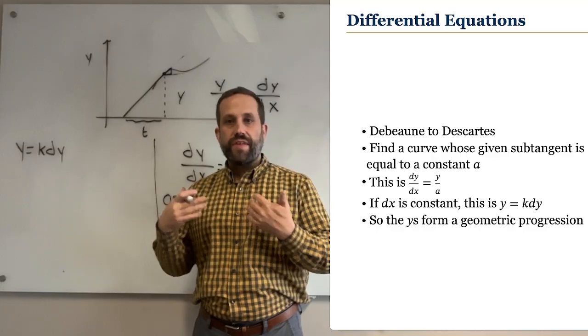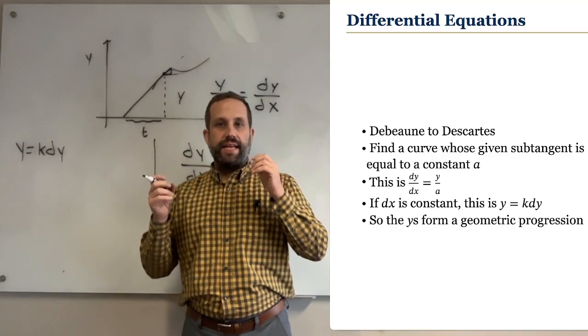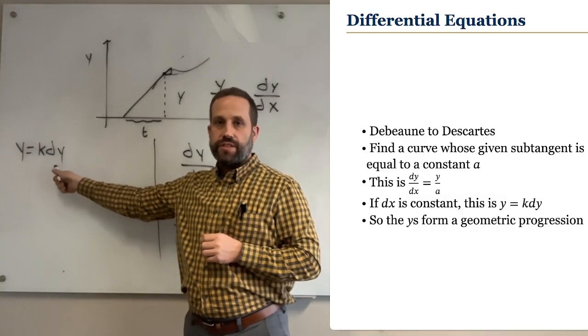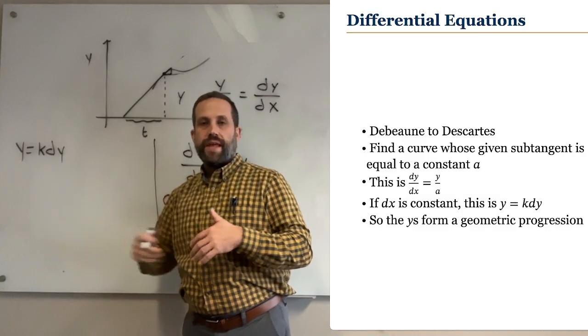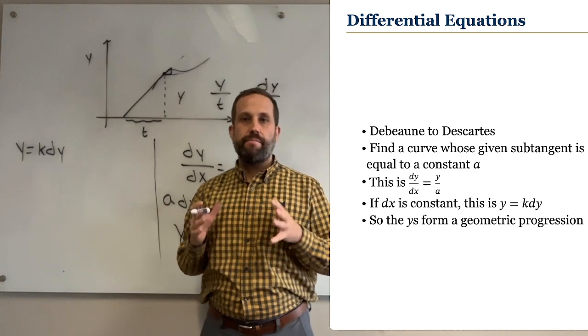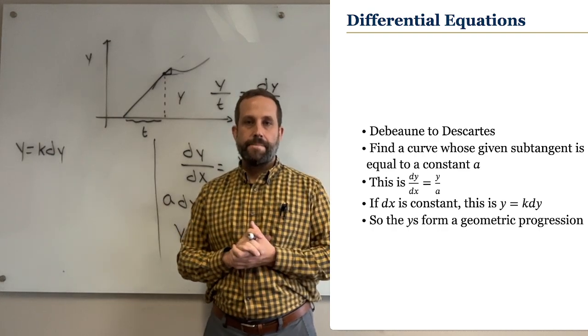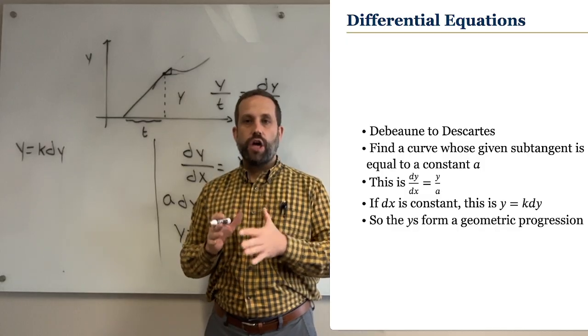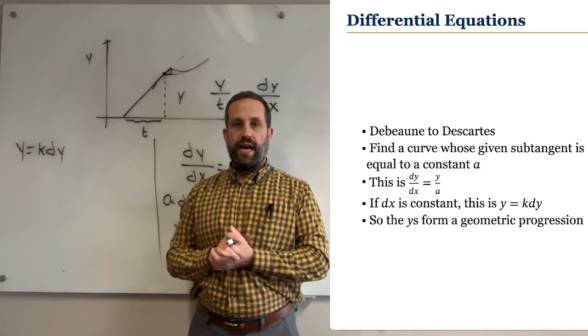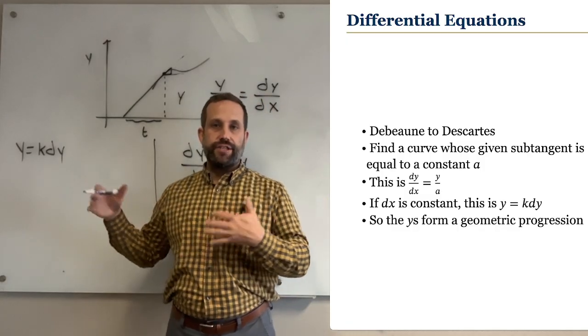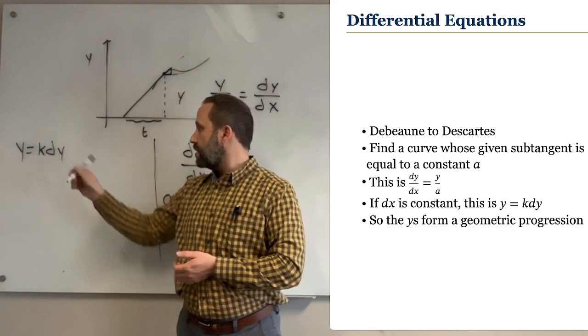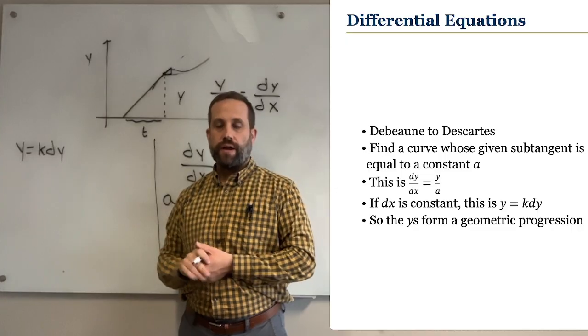What this means is that the difference is proportional to y. In other words, we have a geometric progression for y. So y goes up by a factor of 1 over k each time. That's what this is saying: dy is equal to y over k.